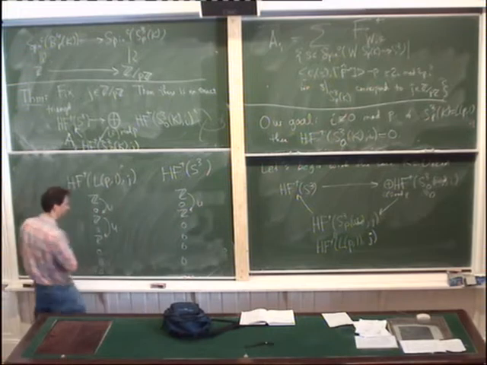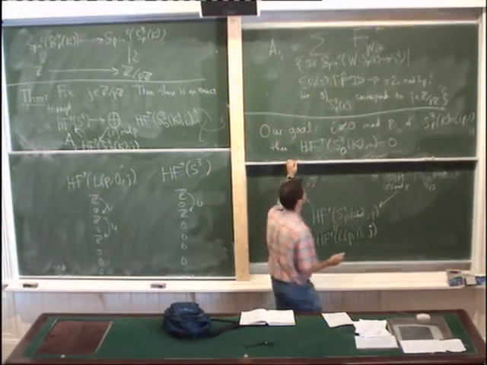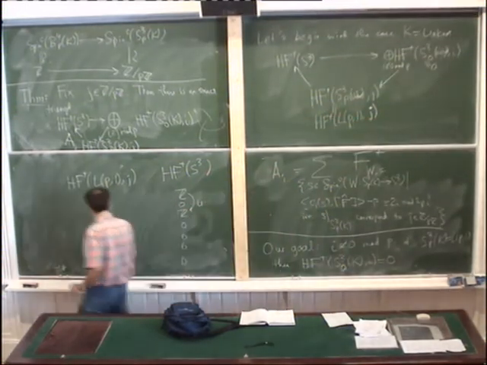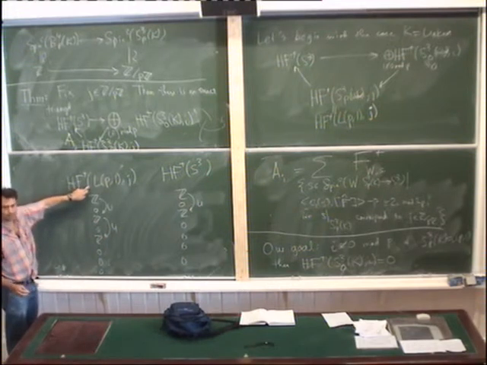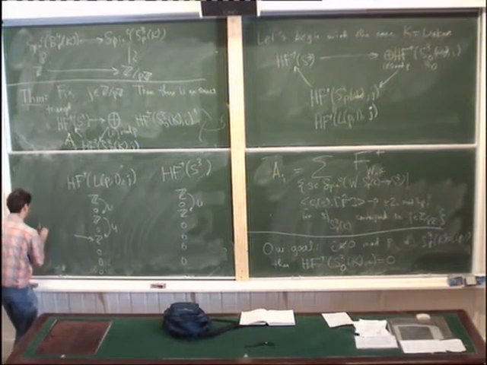And we have an isomorphism, but what I'd like to do is calculate the degree of the bottommost element.